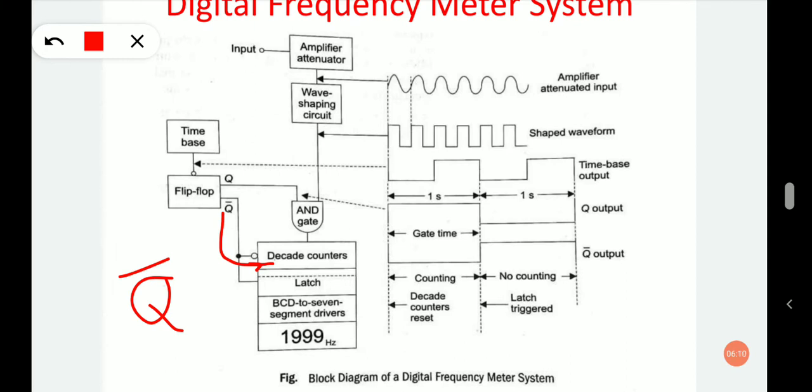The digital display is made readable by employing latch or display enable circuits. The latch is triggered by the positive going edge of Q bar output of the flip-flop at the end of counting time.